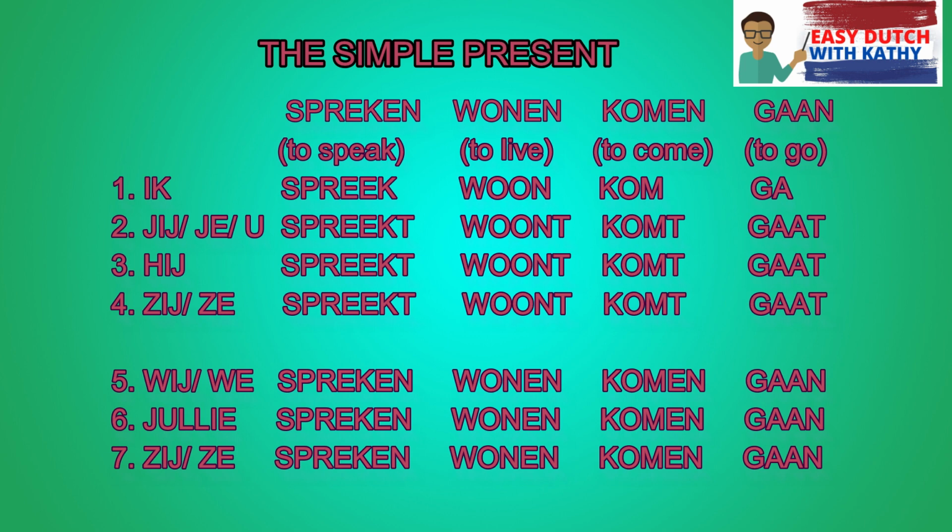Wij, jullie, zij wonen. The third verb, komen, to come. Ik kom. Jij, hij, zij komt. Wij, jullie, zij komen. And the last verb, gaan, to go. Ik ga. Jij, hij, zij gaat. Wij, jullie, zij gaan.